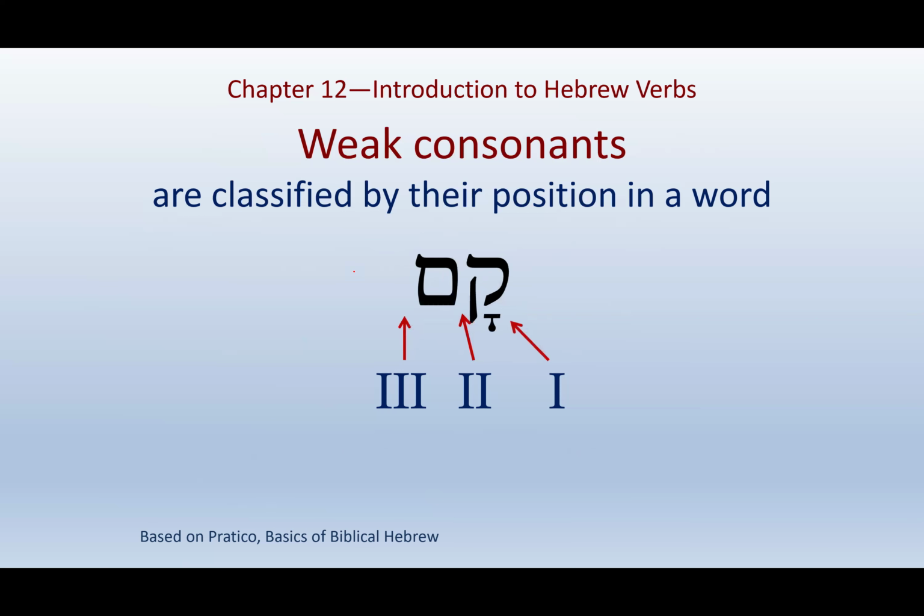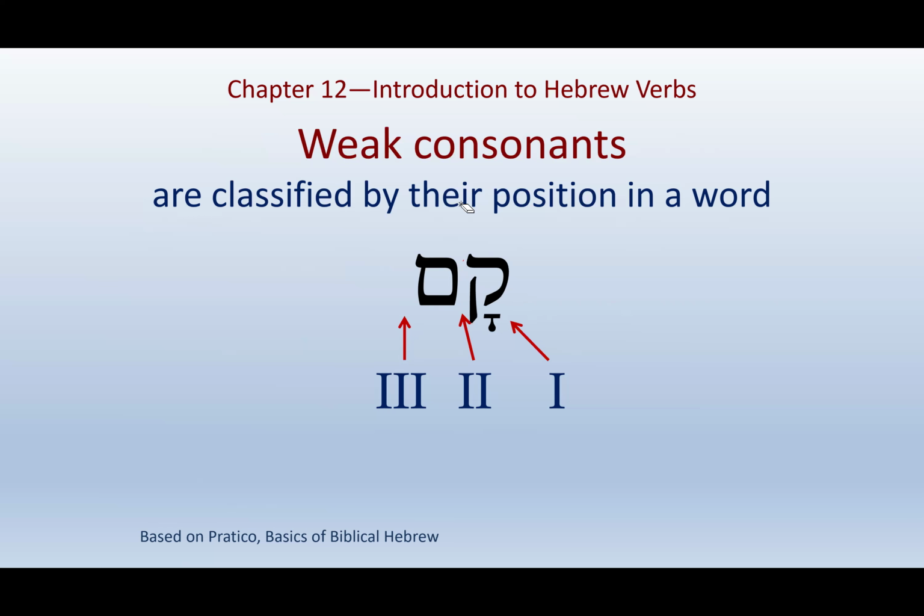We have qom. What happened to the two? We don't have a two. Actually, if you look it up in the dictionary, there'd be a vav in here between the qof and the mem. It does show up in some forms, but it doesn't show up in all forms.